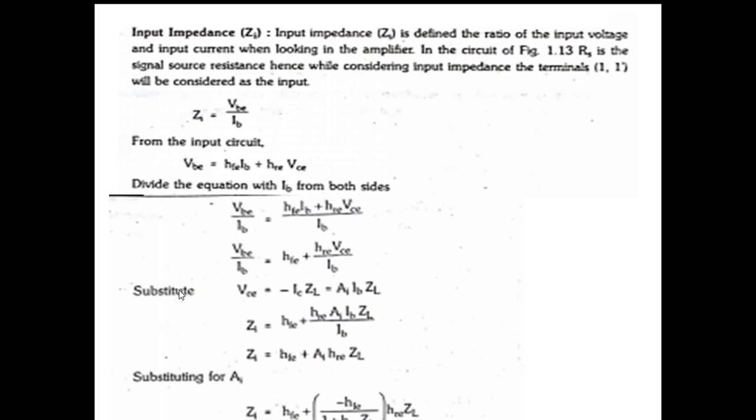But VC is the output voltage. Output voltage is equal to, as we know, minus ICZL. IC is the output current, so output current is equal to current gain into IB.